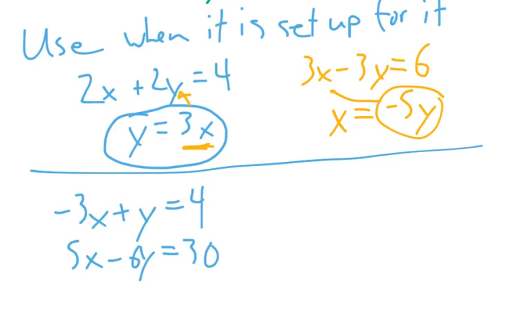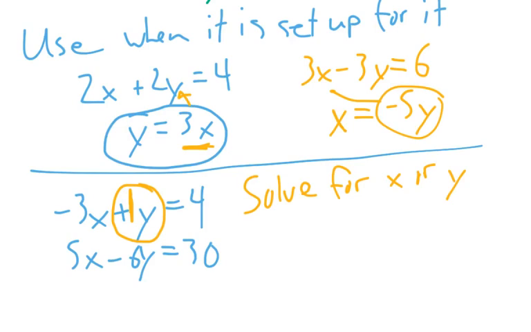Here, I would argue substitution is great because we have a variable with a coefficient of 1. It's super easy to solve for x or y right here. In this case, I could solve for y and then plug that into the y down here.